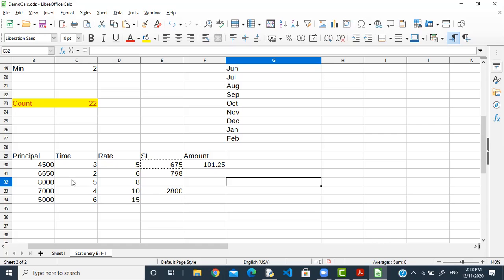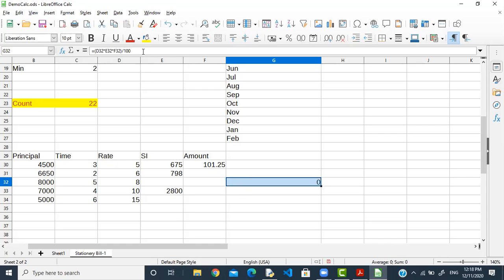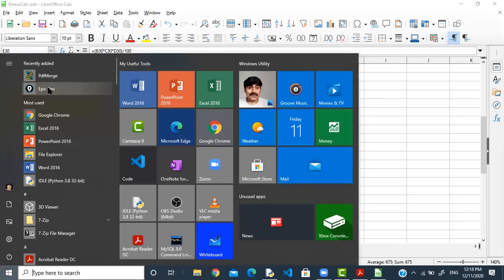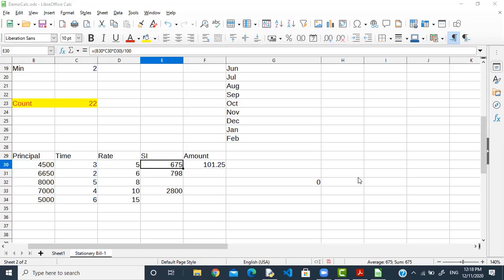So every cell address is going to shift this way. You can observe here, first go and check the formula in this cell. It is written B30, C30, D30.